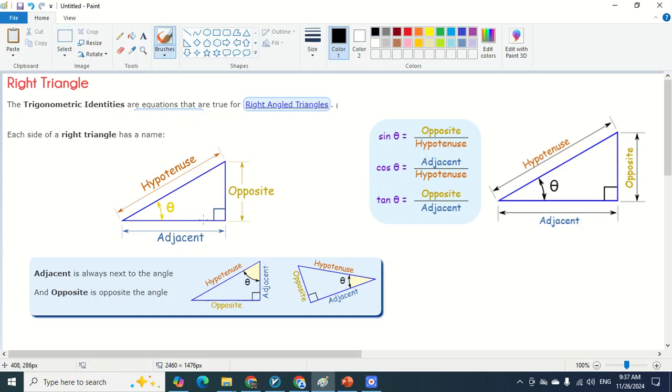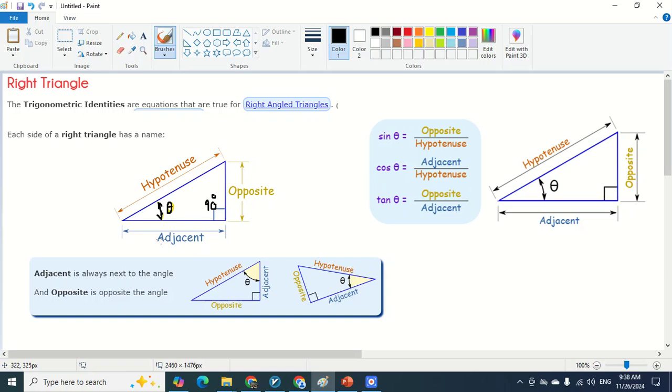So if we have a perpendicular line, then this perpendicular, or orthogonal, line with the 90 degrees determines one right triangle. And if the angle at this edge is equal to theta, then we can name the sides of that triangle as follows.